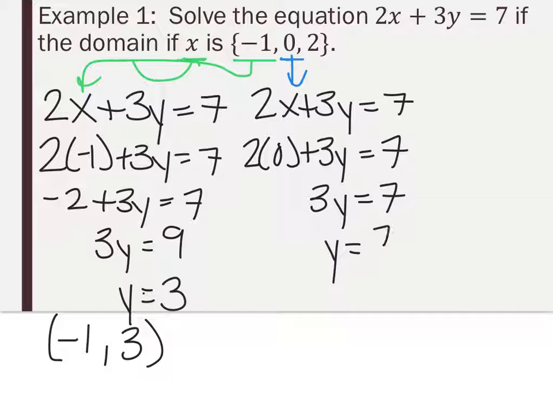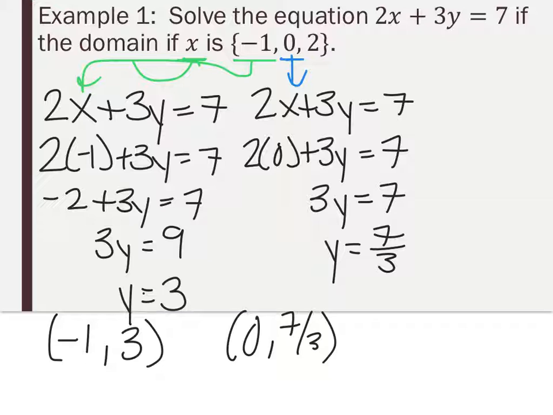Divide both sides by 3. I'm just going to leave that 7 over 3. If you want to use the decimal, you can. What's 7 divided by 3? 2.33333333. That's fine too. So when I plugged in 0, I got out 7/3, or 2.333333.